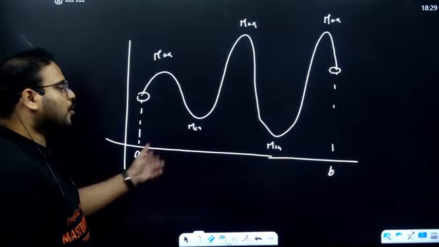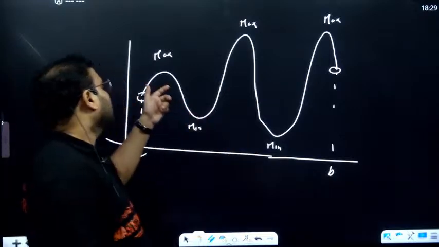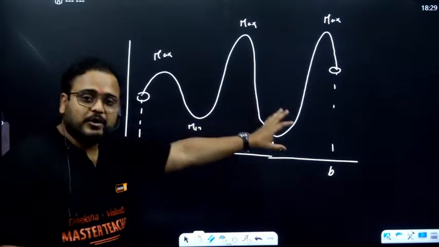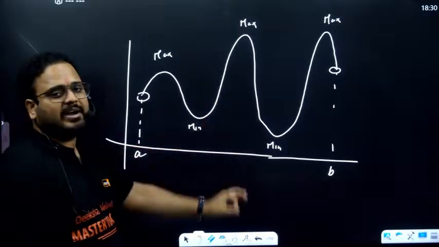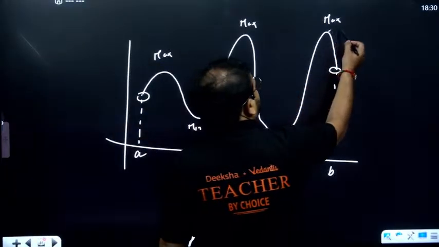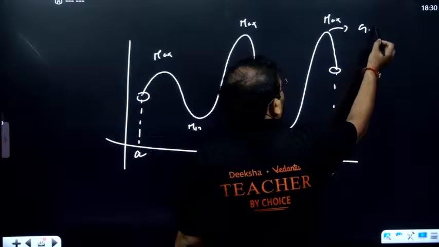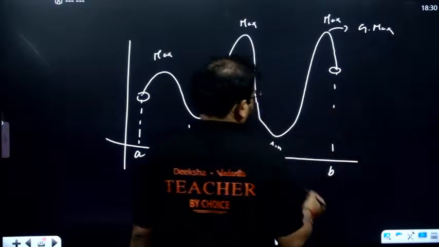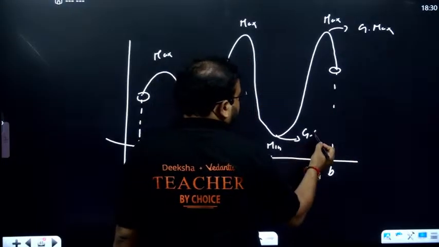Okay. If it is open, then don't check for the endpoints, of course, for the interval. Otherwise, check for the endpoints also and find the maximum and minimum value over all the critical points. Whichever is the largest, for example, this is looking largest to me, that becomes global maxima. And this is smallest, it becomes global minima.